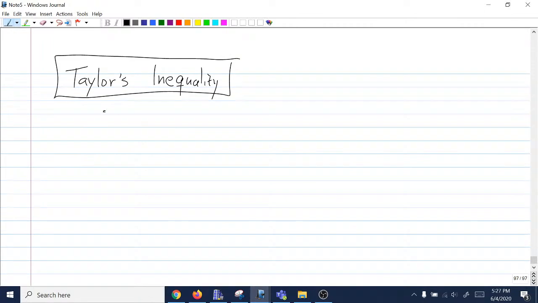Taylor's inequality says that if when you take n plus 1 derivatives, the n plus 1th derivative of f is never bigger than m on the interval where x minus x naught is less than some diameter d.